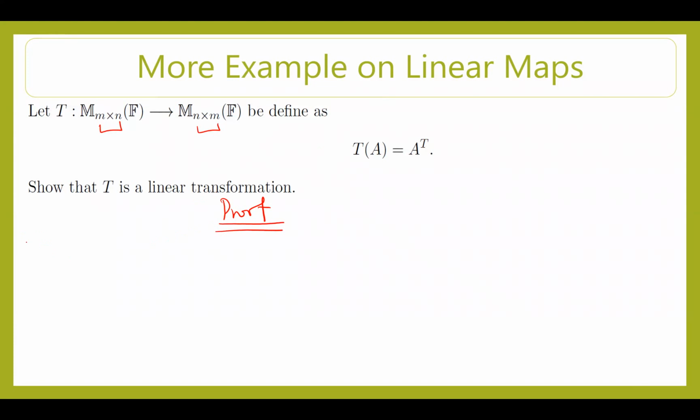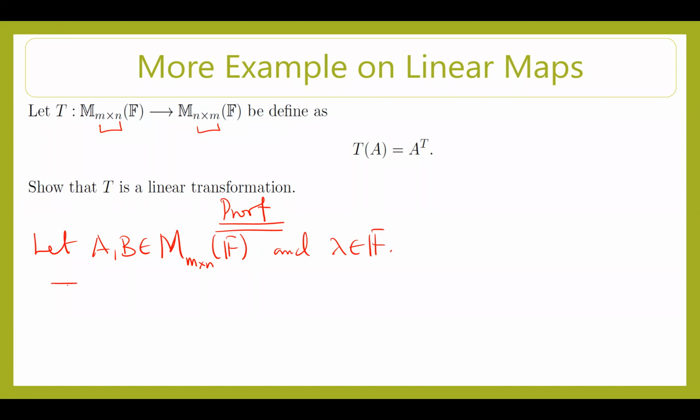Again, I'm going to use the combined properties. So let's take A and B from the matrix m by n, and let's take some scalar lambda.